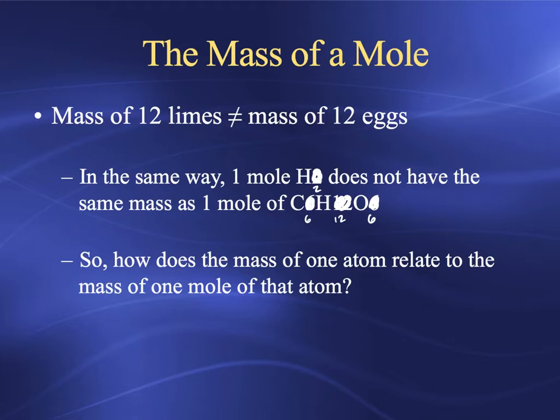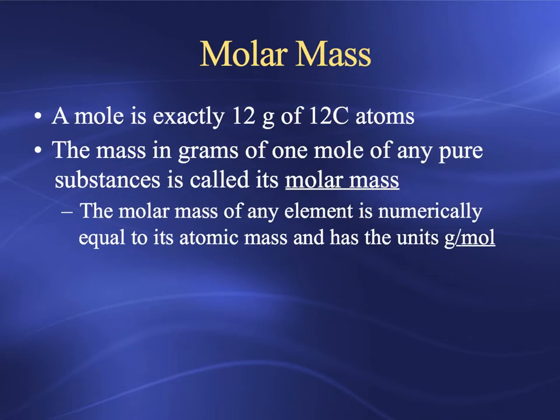So how does the mass of one atom relate to the mass of 1 mole of that atom? If I have 1 mole of it, how much does it weigh? This goes back to our definition of what a mole is. We said this yesterday, that a mole is exactly 12 grams of carbon-12 atoms.